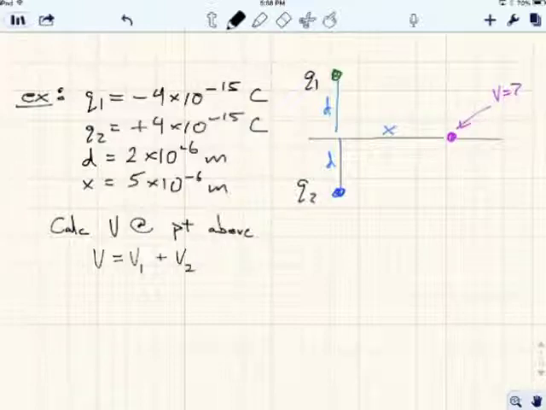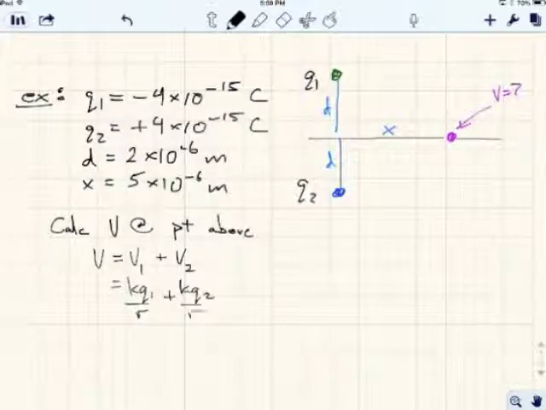Since electric potential is a scalar quantity, we don't have to do any of the fancy vector addition stuff, and we can actually just calculate this as K Q1 over R plus K Q2 over R.